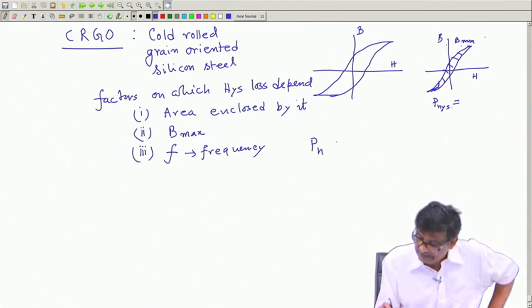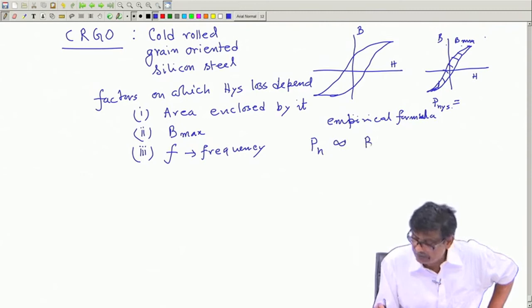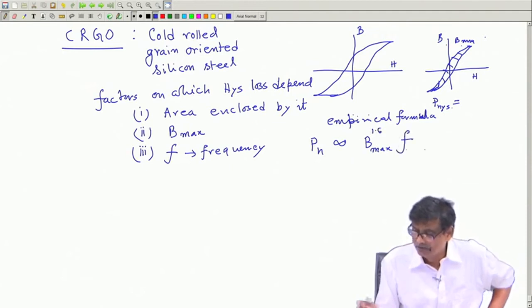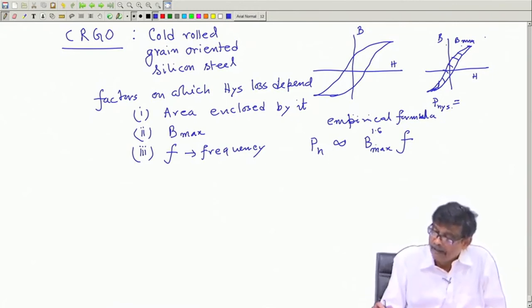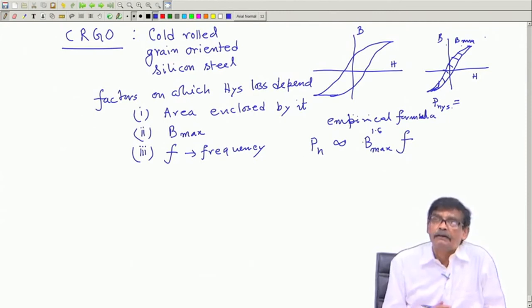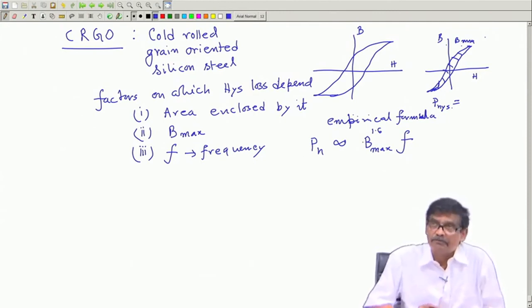The formula is like this: hysteresis loss is proportional to Bmax raised to the power of some number, say 1.6 is a popular number, into frequency. Frequency, we know, has to be directly proportional, and Bmax is the peak value of the maximum flux density.